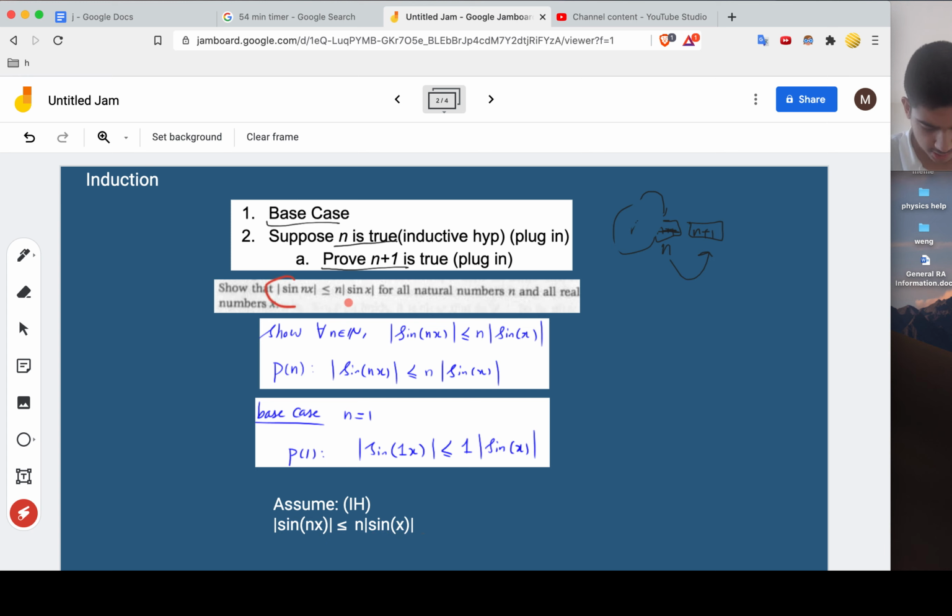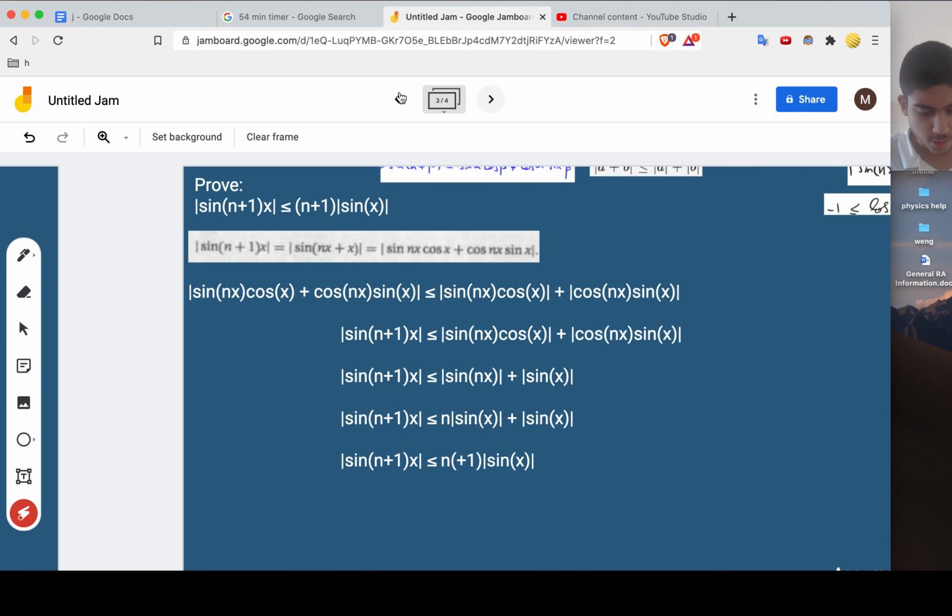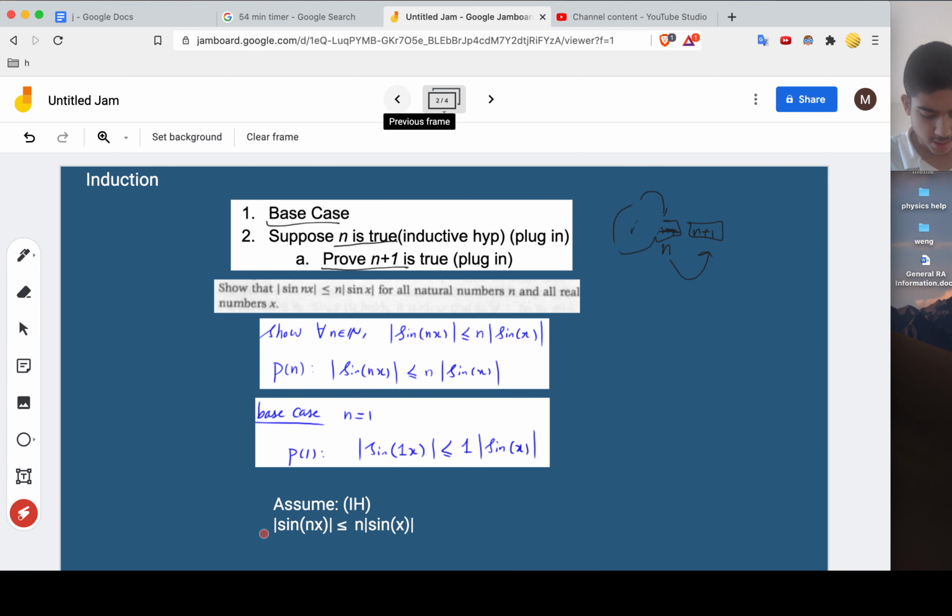This assumption is called the inductive hypothesis. We're just assuming that it's true, and we're going to instead try to prove that n plus 1 is true. And if n plus 1 is true, that means this whole thing is true.